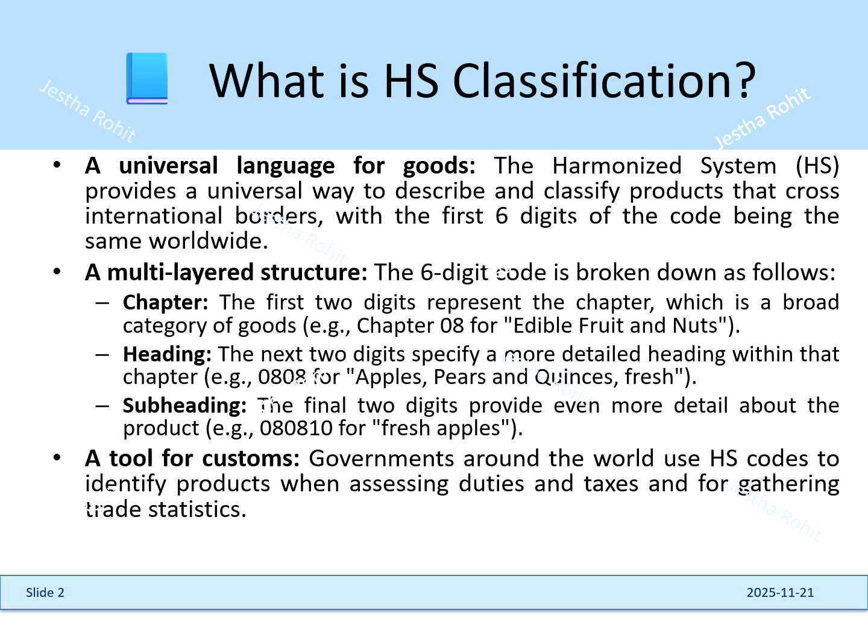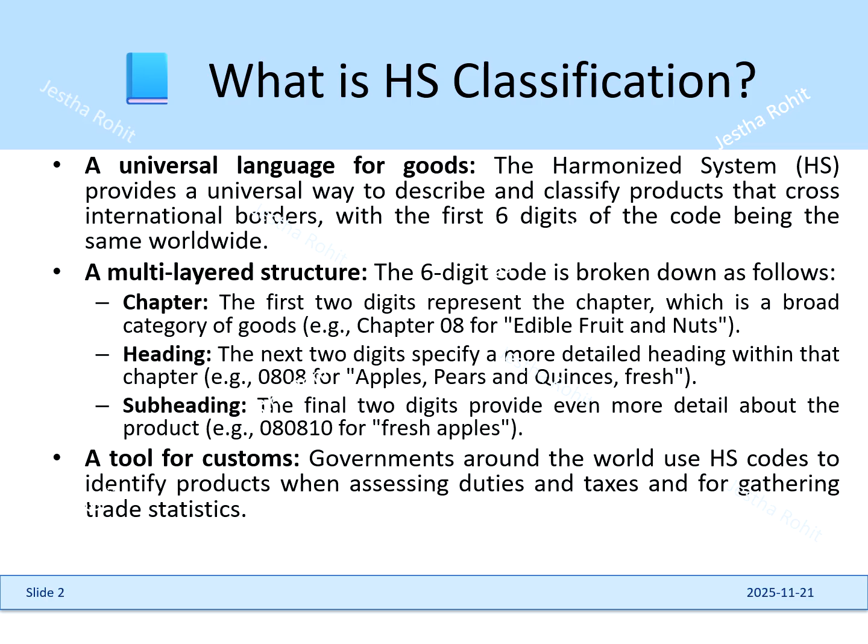As a universal language for goods, the harmonized system provides a universal way to describe and classify products that cross international borders, with the first six digits of the codes being the same worldwide.